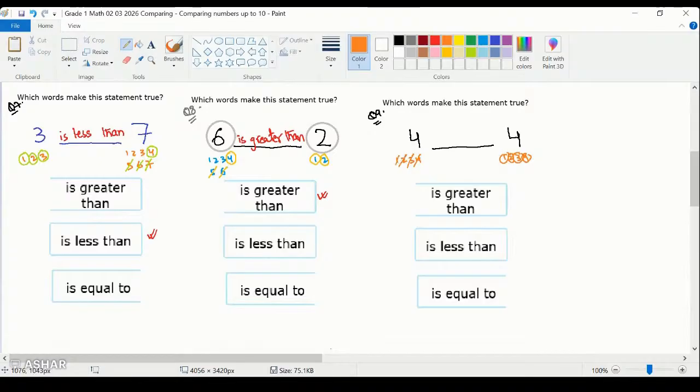That means both the quantities are equal, right? Because this was 4 and this is also 4. 4 cannot be greater than 4. Perfect. Is equal to. Okay.